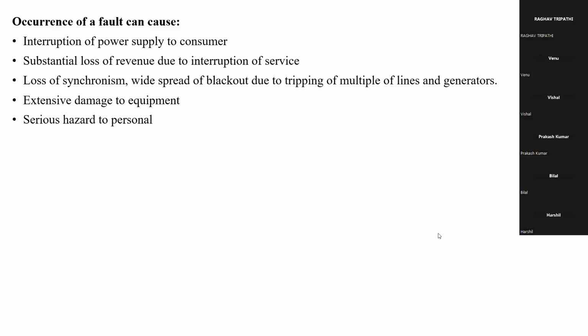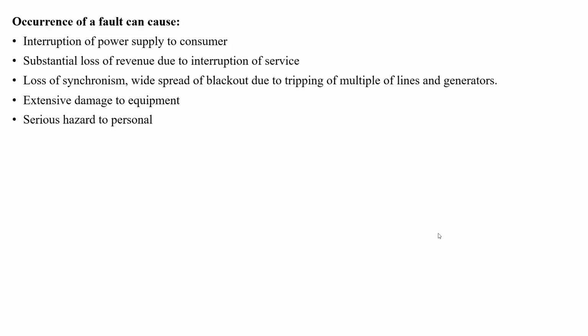It also causes extensive damage to equipment because of higher voltages and currents that the equipment cannot withstand, and serious hazards to personnel when the site in-charge, supervisor or technician is working at the substation. If there is a fault on the system and it is not cleared within a short time, that also affects the person.